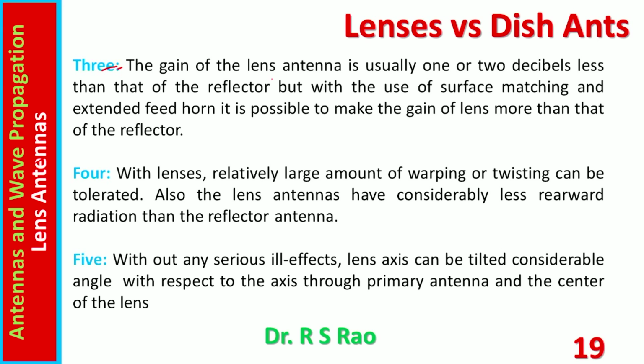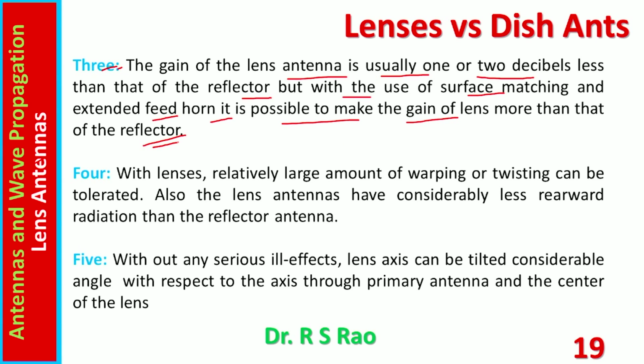Third point, the gain of the lens antenna is usually 1 or 2 decibels less than that of reflector, but with the use of surface matching and extended feed horn, it is possible to make gain of the lens more than that of the reflector.